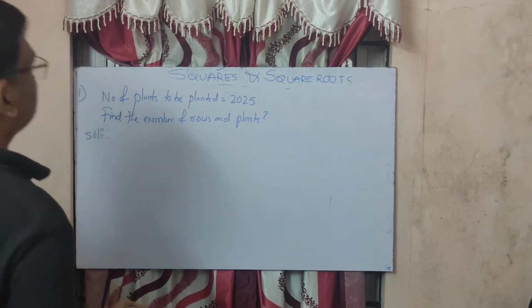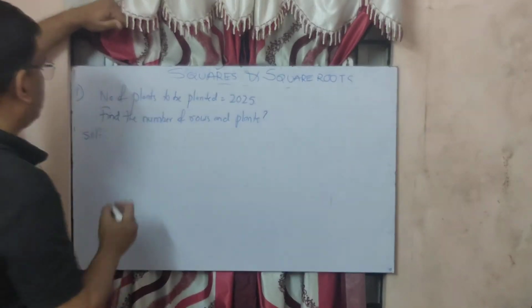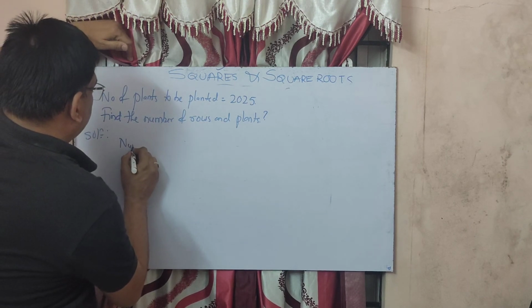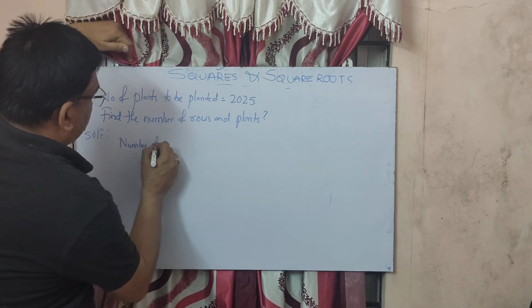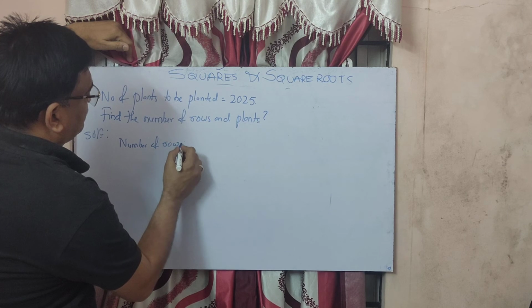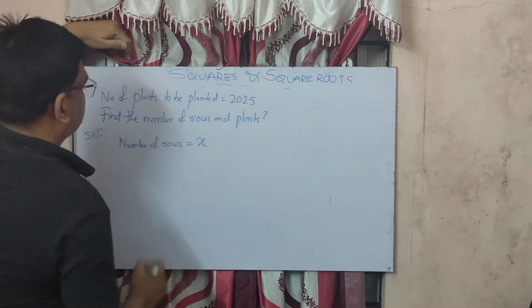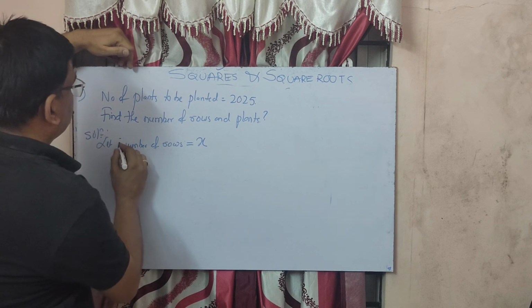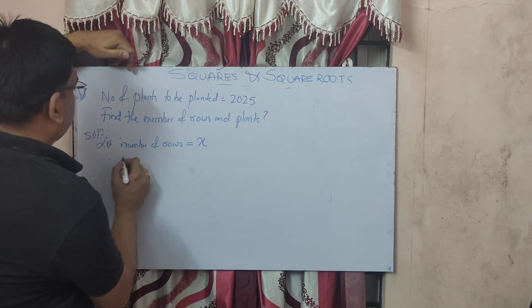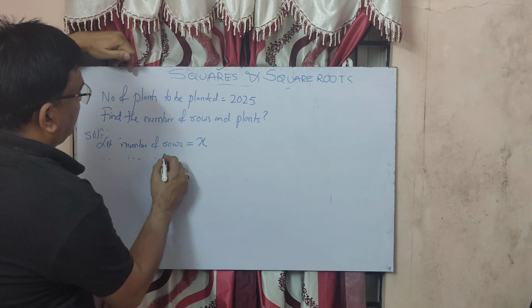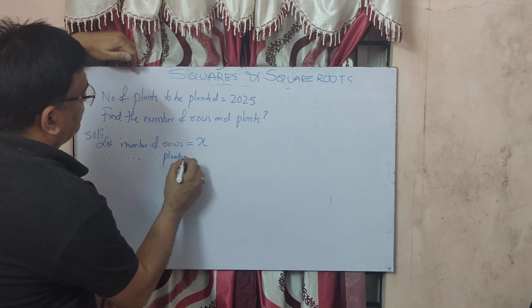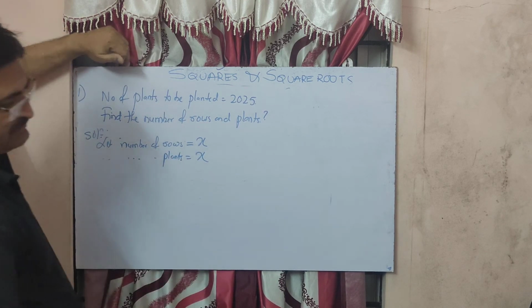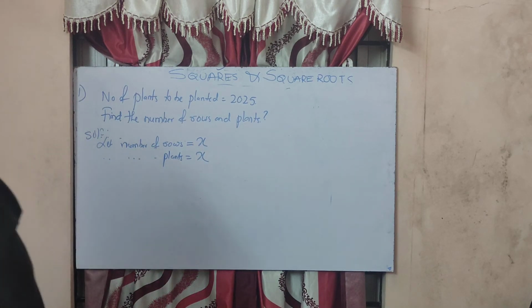As per the question, let the number of rows be x, and therefore the number of plants is also x, because they are telling us both are the same.